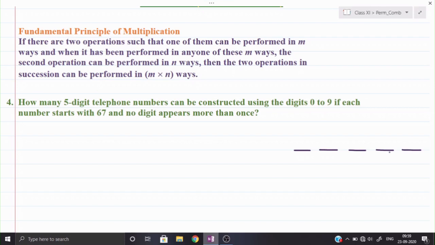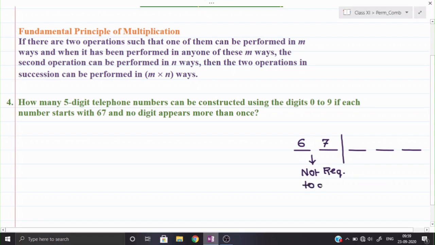The second condition: the number starts with 67, meaning at the first place 6 will come and at the second place 7 will come. So if I make a partition, these 2 places are not required to arrange, because these 2 places are frozen. The first place is always 6 and the second place is always 7.